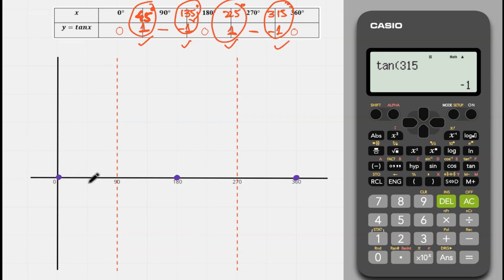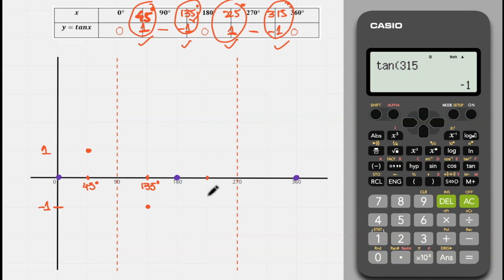Let us plot these points. This is 45 degrees, say this is my 1, and this is my minus 1. This is 135 degrees, and at 135 my tangent gives me minus 1.